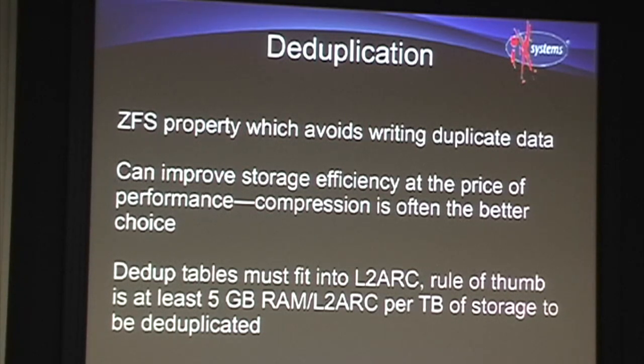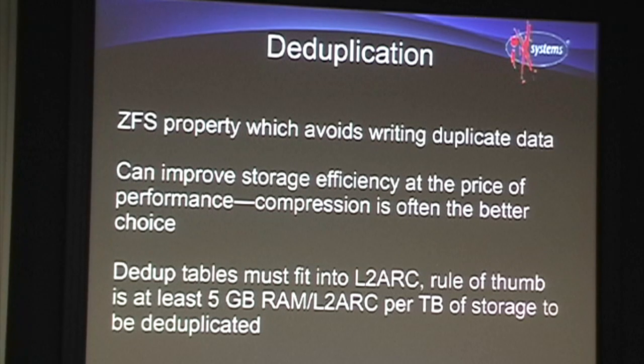With deduplication on, it can improve your storage efficiency. Unfortunately, it's going to be at the price of performance. It's very intensive to figure out, as you're creating something, if it is duplicating any other disk blocks.